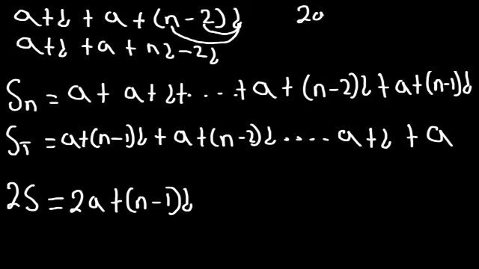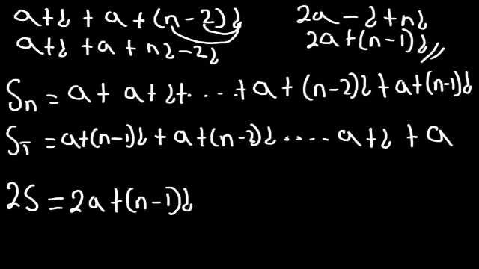I have 2A. Now I have plus D minus 2D, that should be minus D. Then I have this left over, that's nD. Since D is common here, I can just take D as a common factor. I have 2A plus (n minus 1)D.